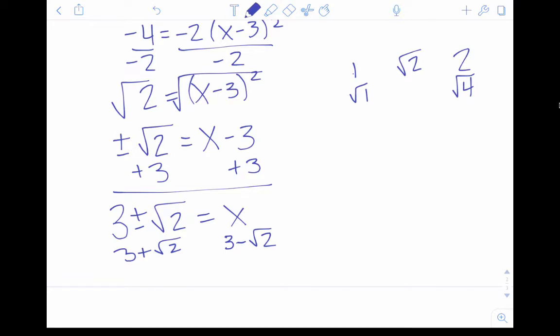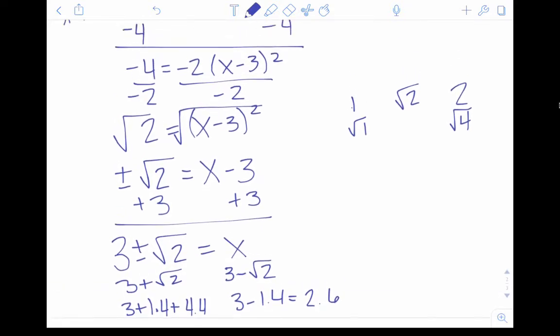So I'm just going to think to myself, 3 plus 1.4 is 4.4. And then 3 minus 1.4 is about 2.6. So that's about where my x-intercepts are.